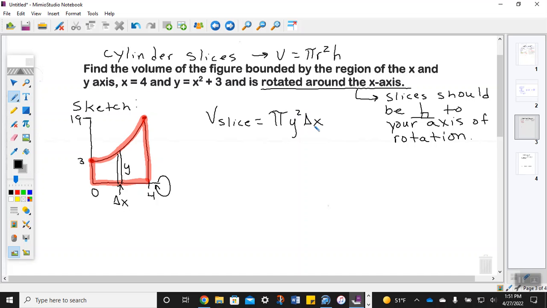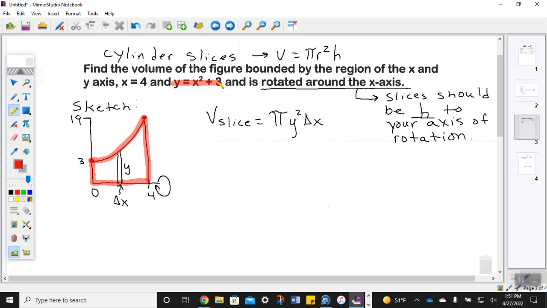So based on the volume of that one slice, we've got to ask ourselves which variable is driving the answer for this, x or y? X is. We've got to get this y in terms of what? Well, it's pretty cool. They tell you right up here, y is equal to what? What can you replace y with now?